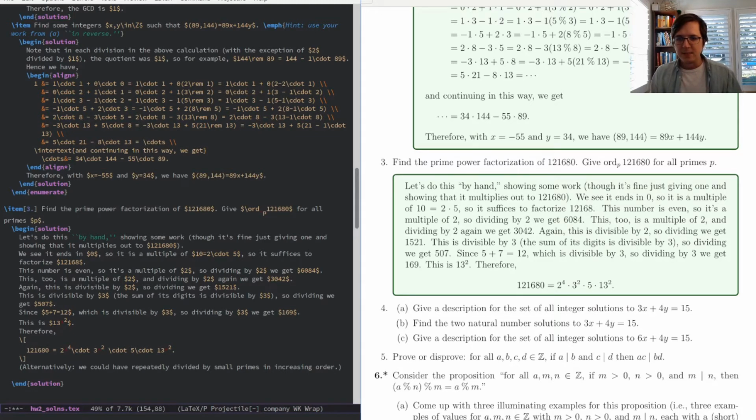Then we would have needed to try dividing by 7. Okay, so now let's give ord p for all primes p.